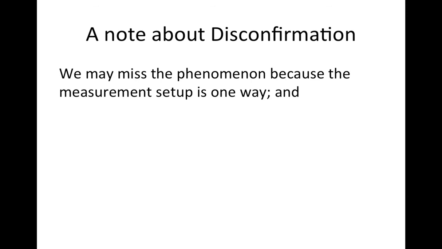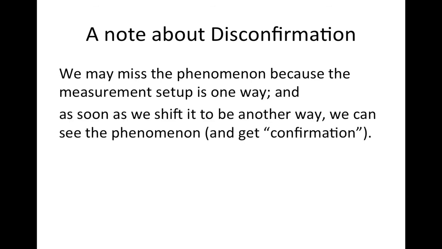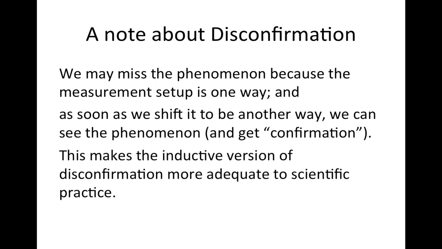So here's the note about disconfirmation. We may miss the phenomenon because the measurement setup is one way, and as soon as we shift it to be another way, we can see the phenomenon and get the proper confirmation. So I think for this reason, the inductive version of disconfirmation is more adequate to scientific practice.